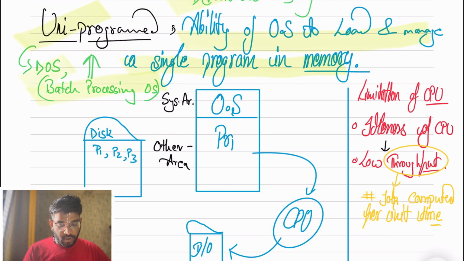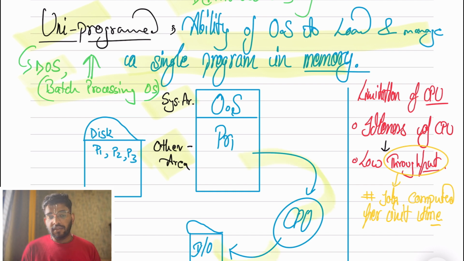See, memory is divided into two parts. The first is the system area, and the other is the user area. In the system area, the operating system resides, and in the other area the program resides. So in a uni-programmed operating system, only one program resides in the user area, and that program runs on the CPU and goes for IO operations.